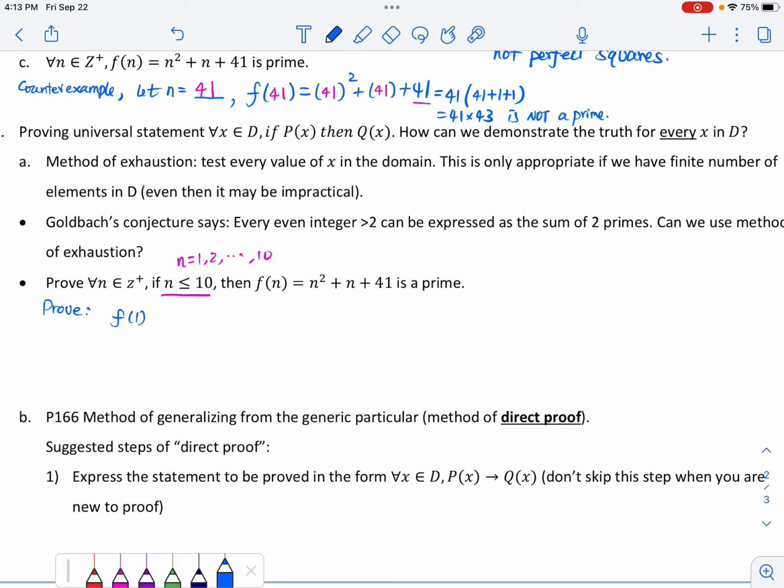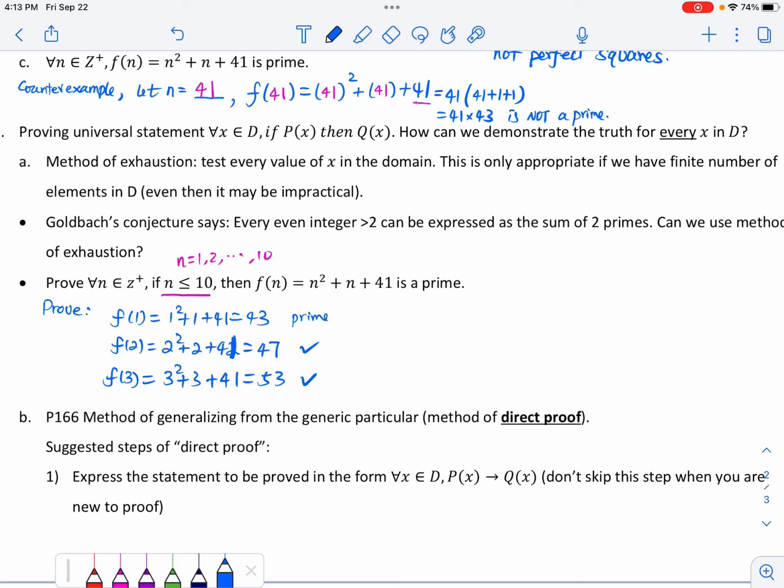f of 1 is 1 squared plus 1 plus 41, which is 43. Prime, right? So it's a prime. f of 2 equals 2 squared plus 2 plus 41, which is 47, which is prime. f of 3, which is 3 squared plus 3 plus 41, which is 9 plus 3 is 12, 12 plus 41 is 53, which is prime, right?